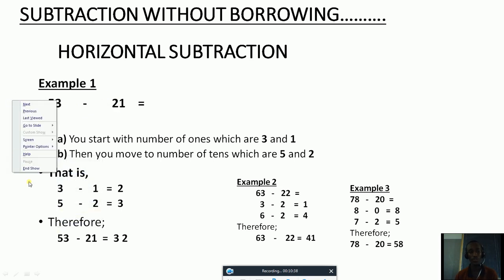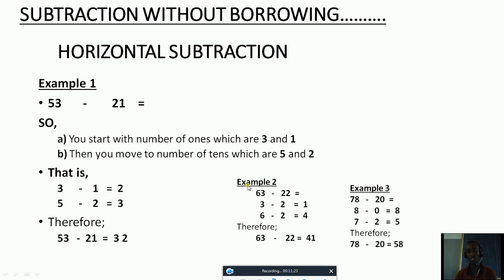Now, 3 minus 1 equals 2, and then 5 minus 2 equals 3. Therefore, 53 minus 21 equals 32, because 2 is the answer from the number of ones, so you write it as the ones. Then 5 minus 2 is the result of tens, so you write it as the tens. So your answer reads 32.